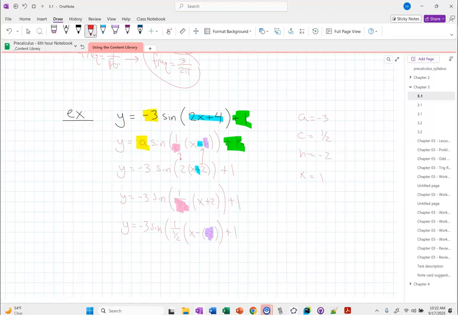Yeah, that makes sense. I'm a little confused about the half part. Why does it turn into 1 over 1/2? So what we need is to rewrite 2 as 1 over something so I can see what the c is. The c is the something, right?